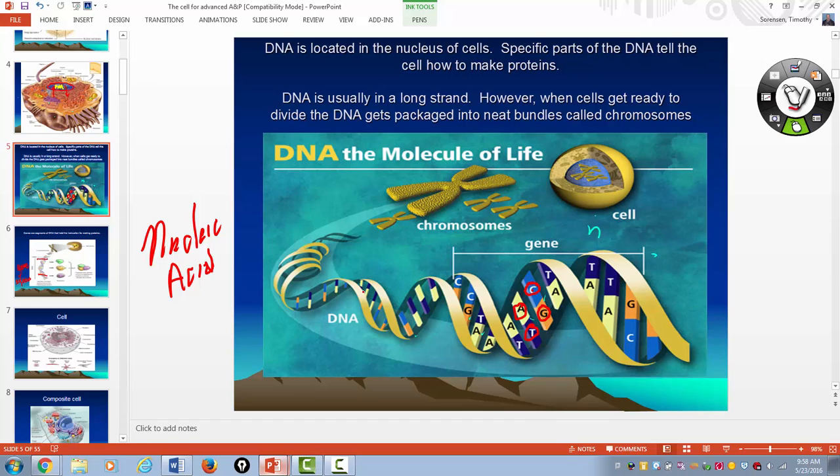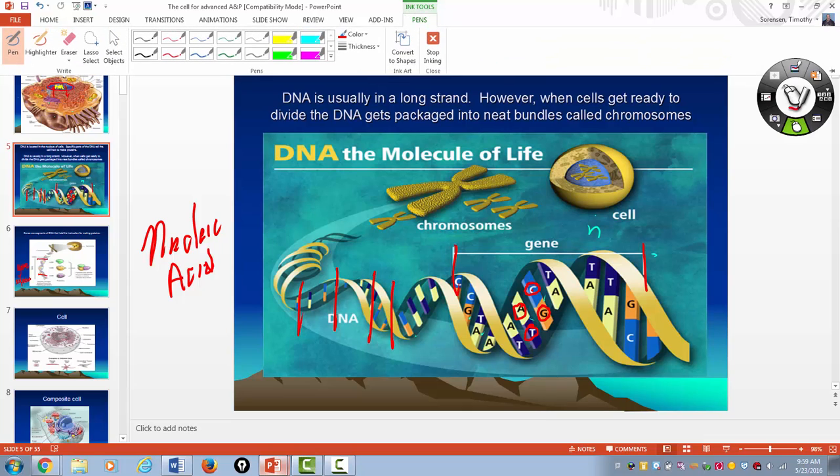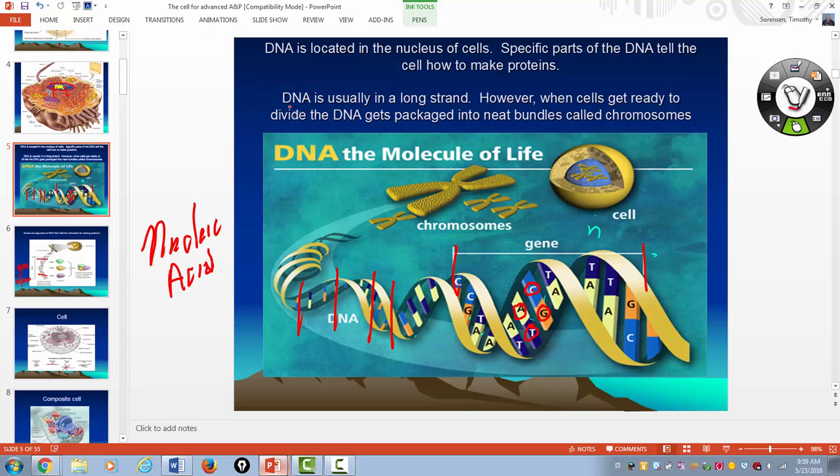Now, when we're talking about cells dividing, there are 3 genes of the 25,000, and each gene is located, and I'm making this up, on a different section of DNA. And these 3 genes control cell division, or how fast the cell divides.